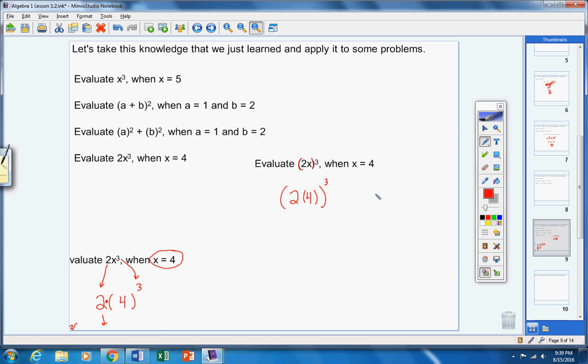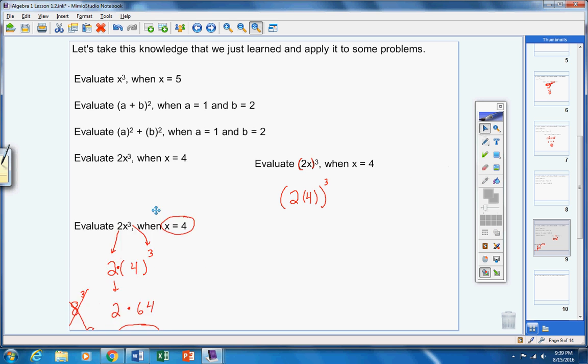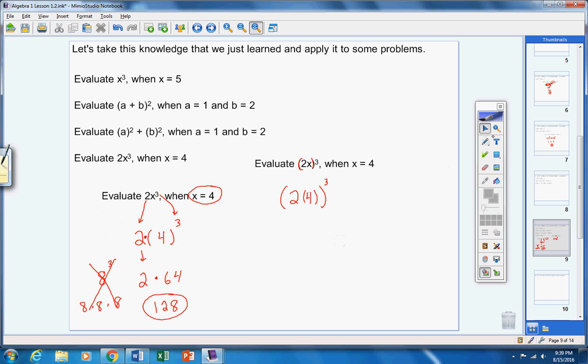Now students, please compare. Watch this. Please compare this to this. My 3 was going directly to the what? To the 4. So I did my power first. But look at this. I've got a big old parentheses here, which means this 3 is going to everything inside the parentheses.